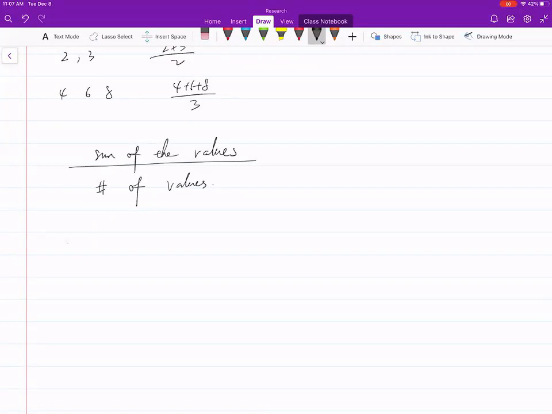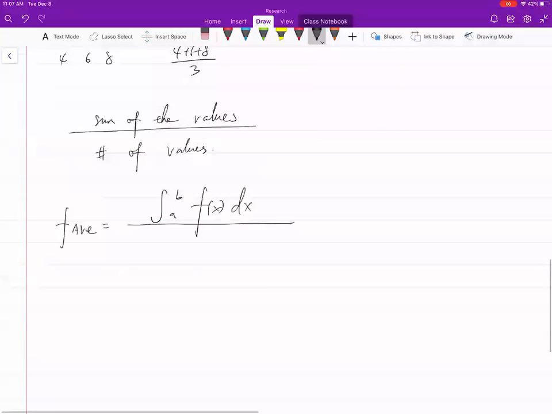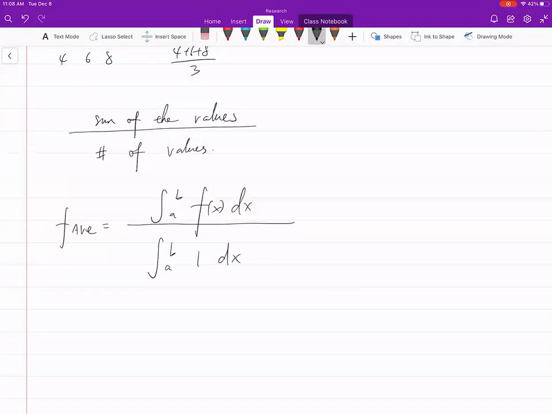Okay, so F average is simply the sum of the values. Let's just sum them together. Sounds good? Second, each value is counted for once. So you should divide it by the total number of values out there. Each number got counted once, from 2 to 4, from 3 to 5, an interval.